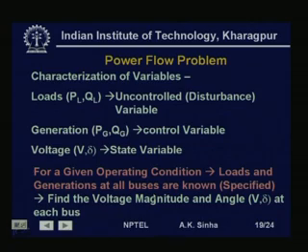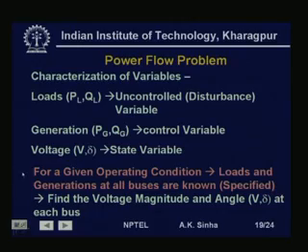Now, we will see exactly what this power flow problem is and how we try to solve it. First thing that we have to do is see what the different variables are which we have. Now, we see that in a power network we have loads at certain buses. These loads are controlled only by consumers and the power system has no control on them.